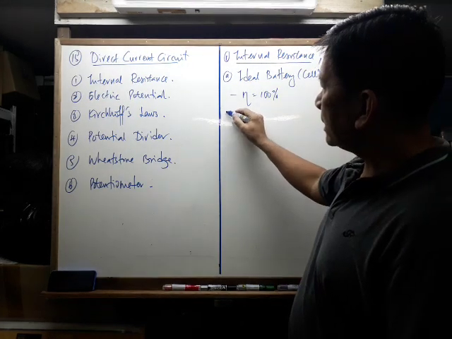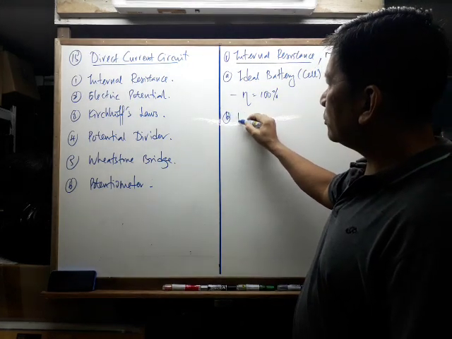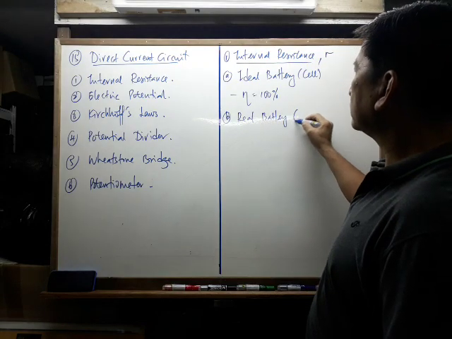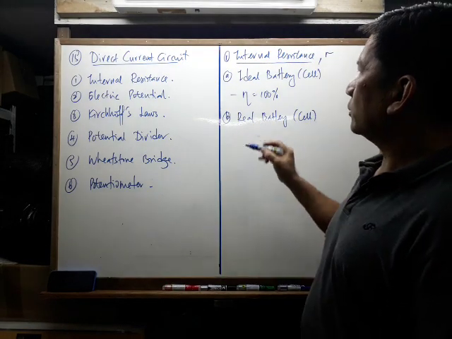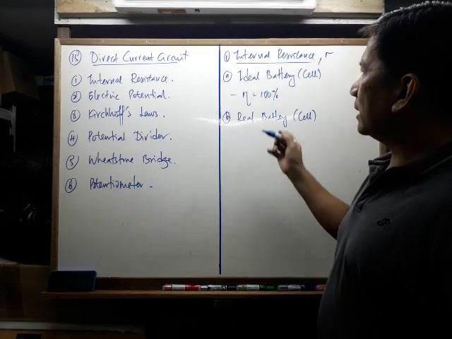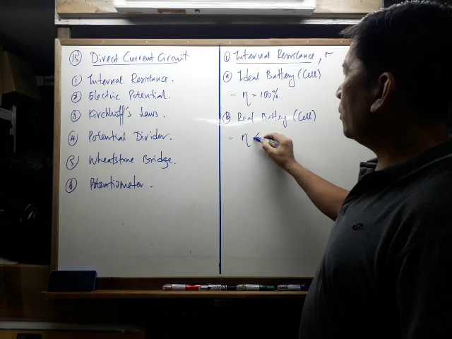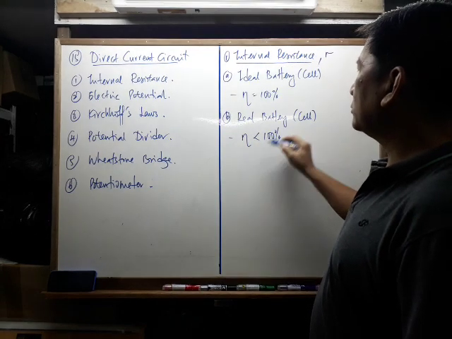Because in reality, we are dealing with real cell or real battery. So the difference between real cell and ideal battery is the efficiency will always be less than 100%.